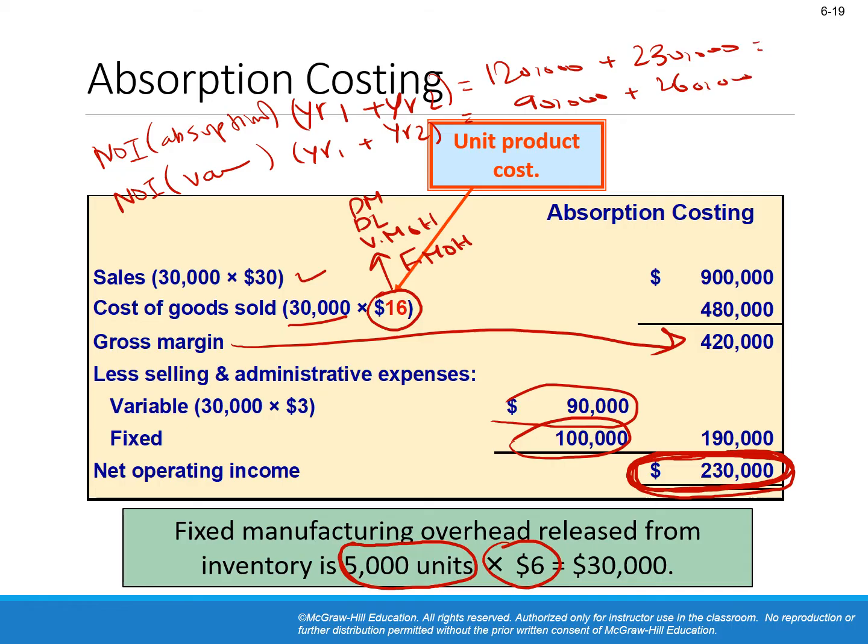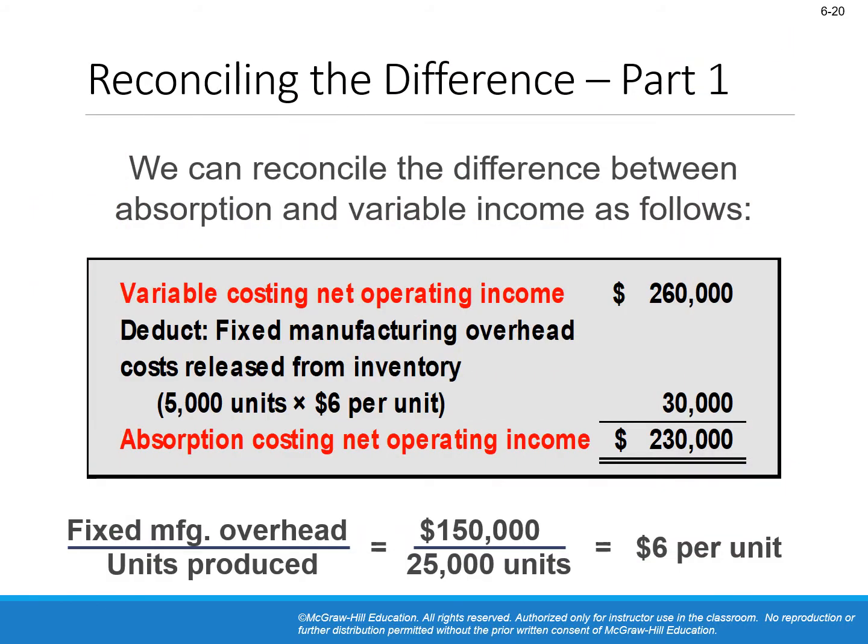Those numbers will give us 350,000 in both cases. So this is the case when you have the same number of sales, so units sold is equal to units produced. So the net operating income will be equal between both. We should see the coming slides. So this is how they reconcile the cost, and the difference is here simply by multiplying 6 by 5,000.